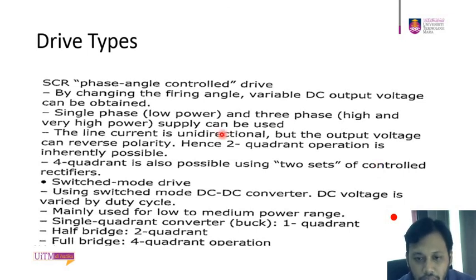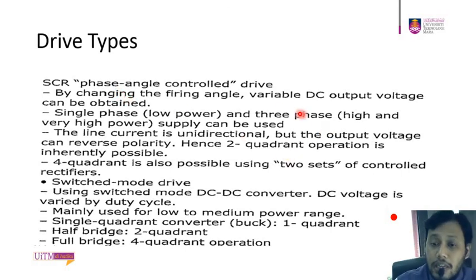Then we look into other drive types that we will cover in the following lecture. You have the SCR, that is the phase angle control drive. This is done by changing the firing angle, so a variable DC output voltage can be obtained. You can use a single phase or three phase supply.